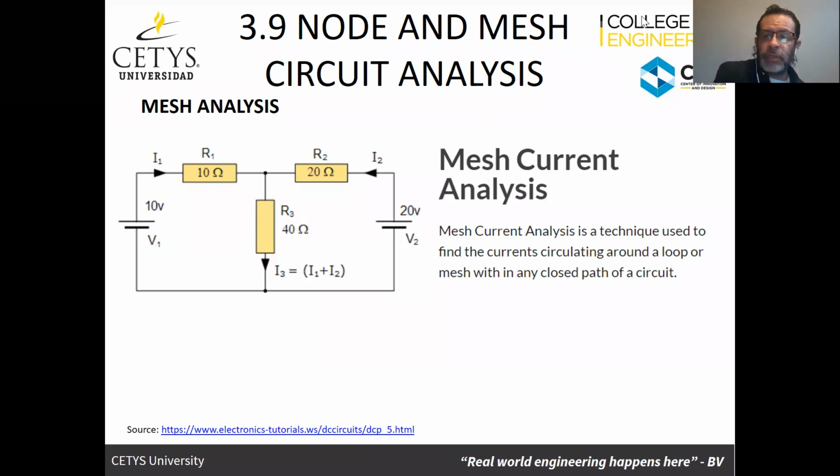The currents that go into a node have to be equal to the currents that go out of a node, or the total current algebraically is equal to 0. Next, we saw Kirchhoff's voltage law, which says that the voltage drops along a mesh or a loop have to be equal to 0, meaning that the energy that's provided has to be equal to the energy that's absorbed, or the law of conservation of energy.